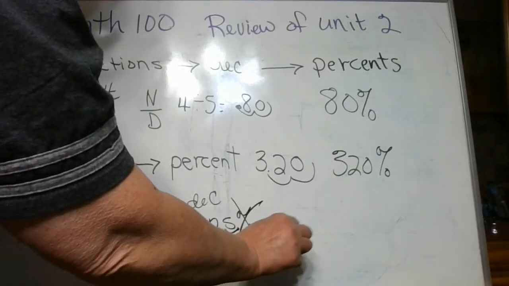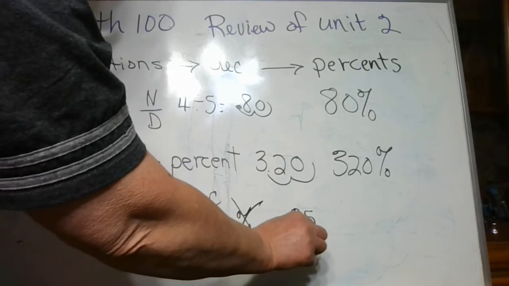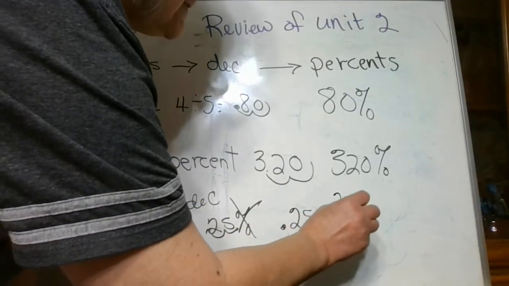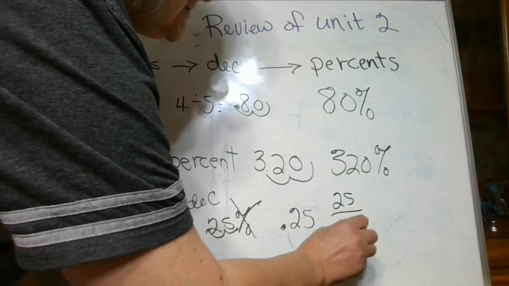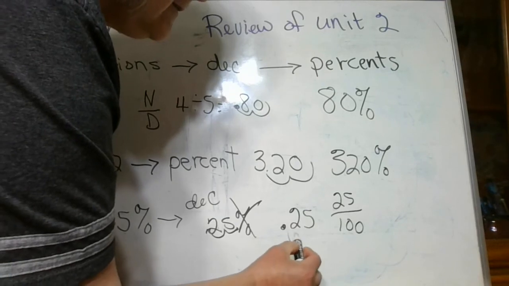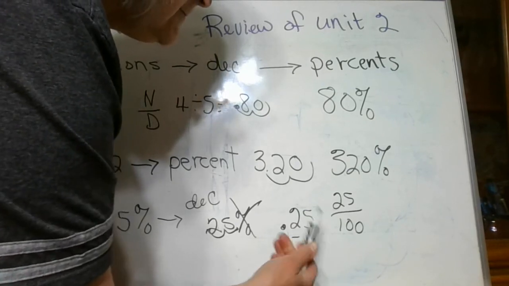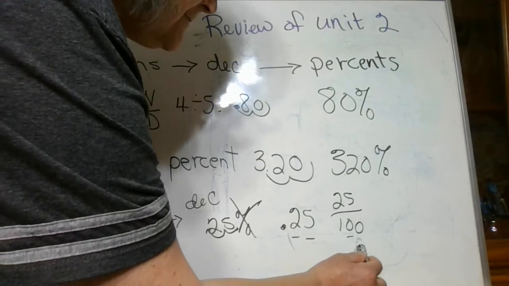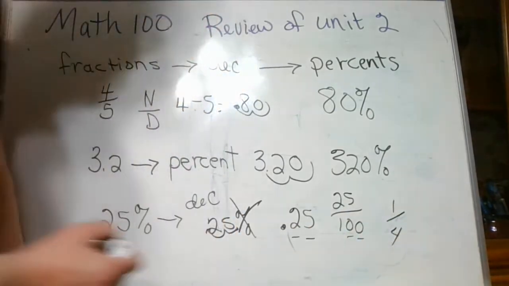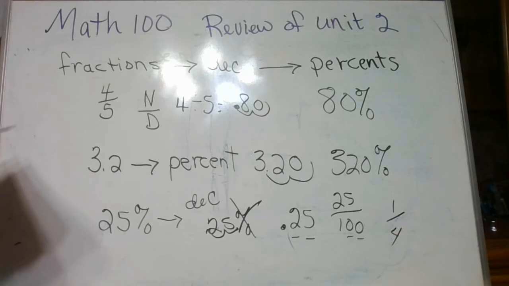So that will be 0.25 as a decimal, and you would read that 25 hundredths because it's in the hundredths place. So to make a fraction, you do the 25 hundredths. The number of numbers to the right of the decimal will tell you the number of zeros you're going to have. Simplify that to 1/4. Once again, you need to be taking notes on this.